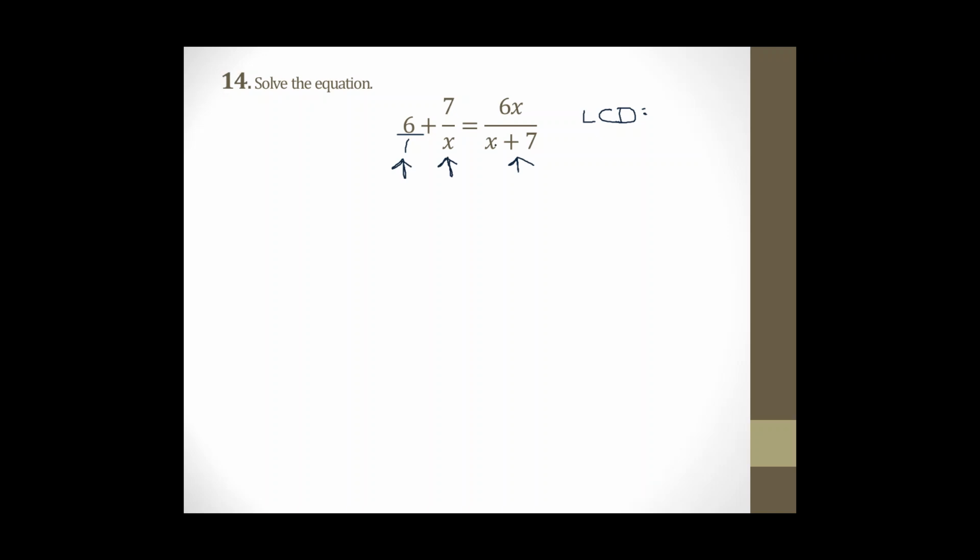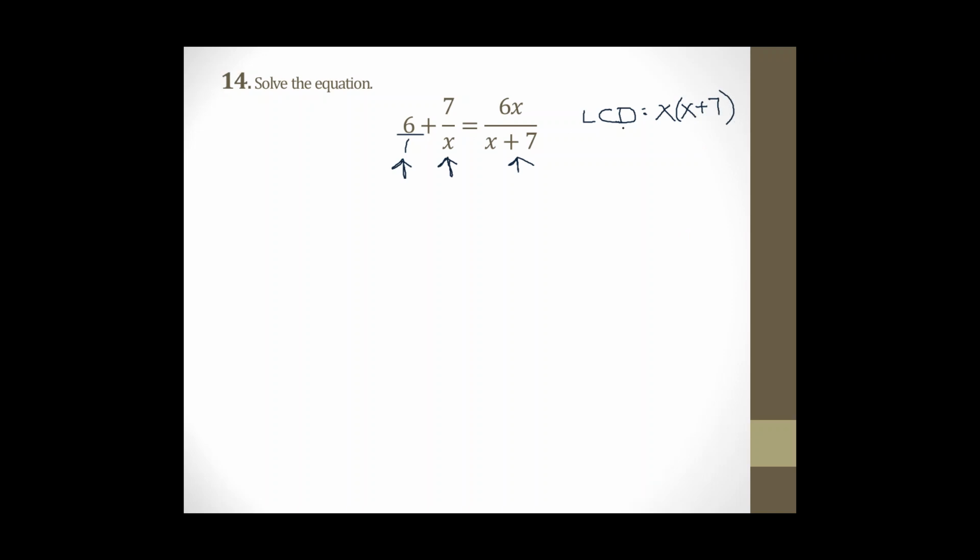So a combination of all of these would be x and x plus 7. I know this is the hardest part to understand, but you can check the least common denominator.